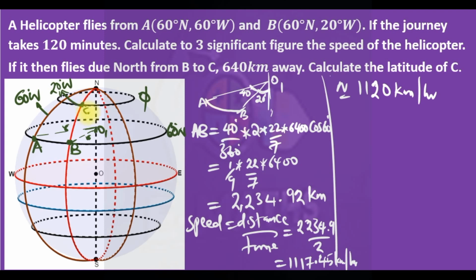This is point C. It flies due north to point C, so from B it goes up to C. So it must be along the longitude, because you can't move in empty space. Common sense will now tell us that we are now on distance along the longitude.